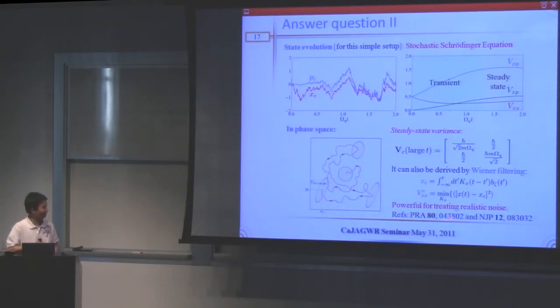You can look at the reference for more details. So with this Wiener filtering, from the measurement output, you try to estimate the position and also the momentum by applying some kind of filter, this Wiener filter. And then the final uncertainty is obtained by minimizing over all the filters, and then you get this noisy ellipse here.